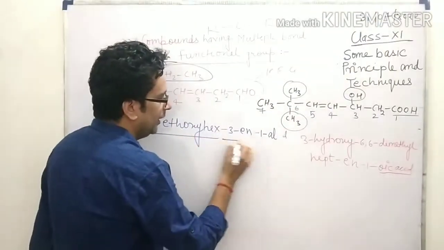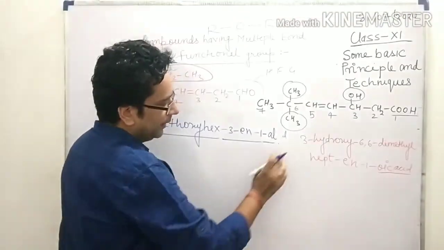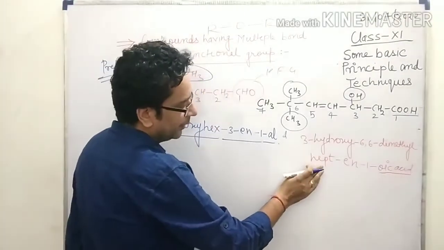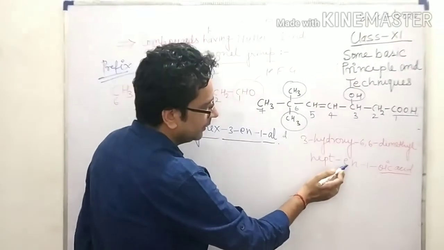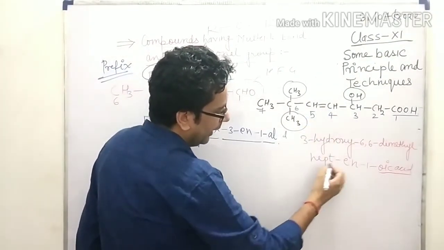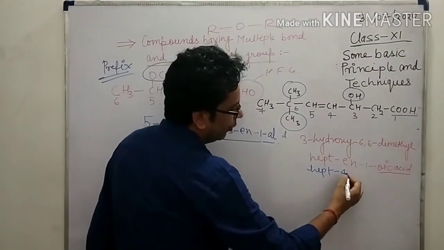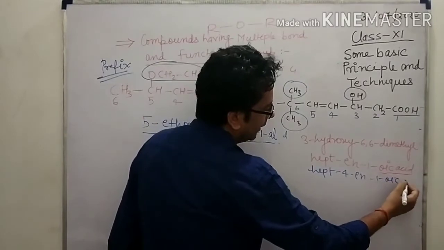So 5-ethoxy-hex-3-en-1-al. Now look here at the previous example: 3-hydroxy-6,6-dimethylhept. One is a mistake. The position of the double bond is 4. So correct it: hept-4-en-1-oic acid.